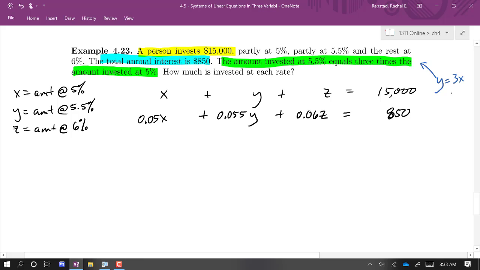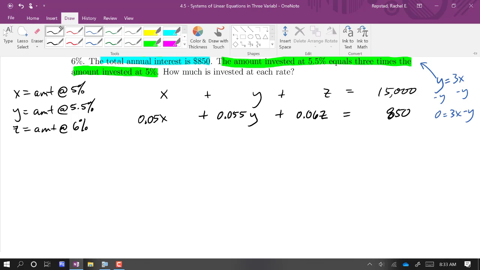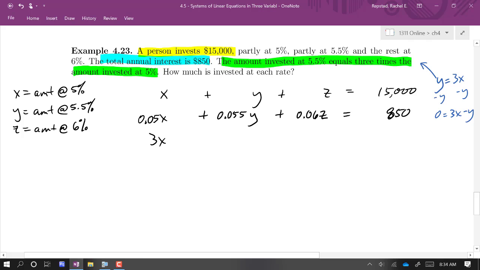So if I were to subtract y from both sides, we get 0 equals 3x minus y, or 3x minus y is 0. So I'm going to write that equation now in standard form. And we have no z's here, so I'm actually going to write 0z. And I like to include that term because that's a little reminder that I'm going to have a 0 in that row in the matrix.